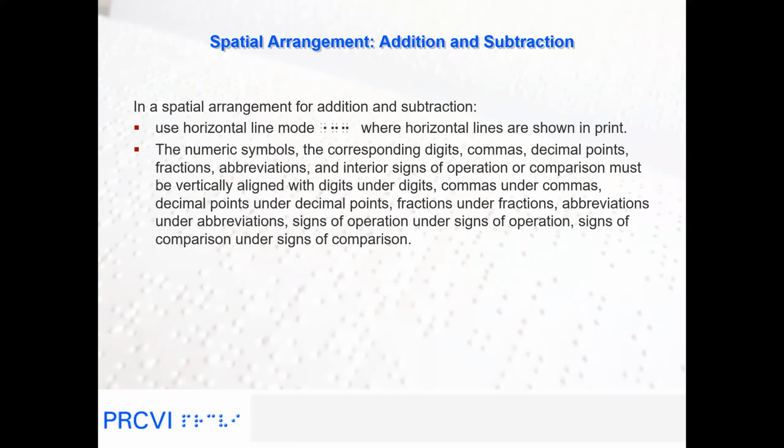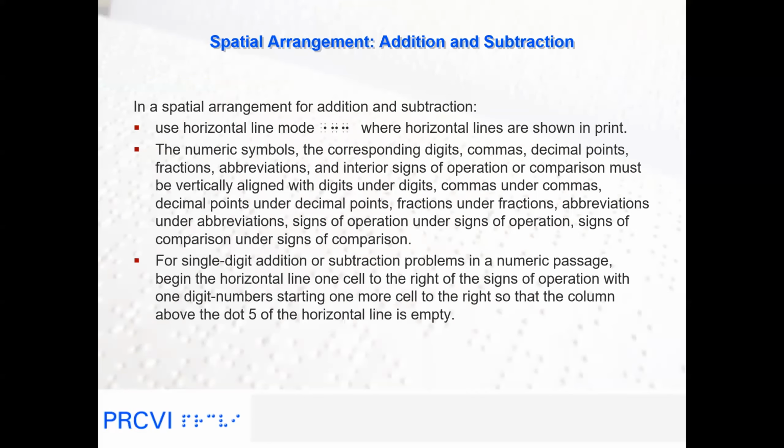The numeric symbols, the corresponding digits, commas, decimal points, fractions, abbreviations, and interior signs of operation or comparison must be vertically aligned, with digits under digits, commas under commas, decimal points under decimal points, fractions under fractions, abbreviations under abbreviations, signs of operation under signs of operation, signs of comparison under signs of comparison.